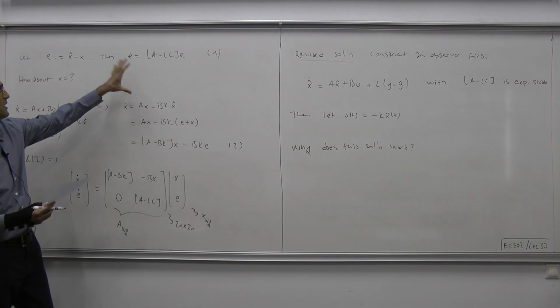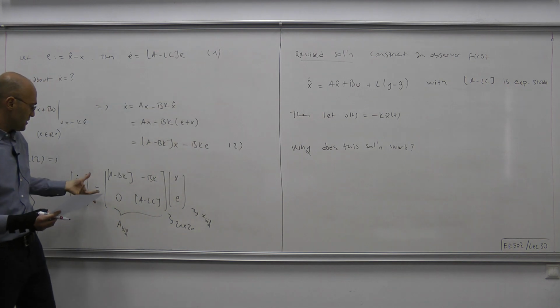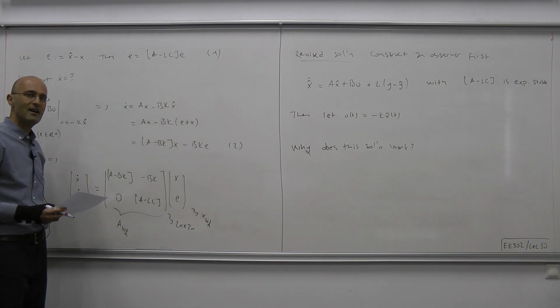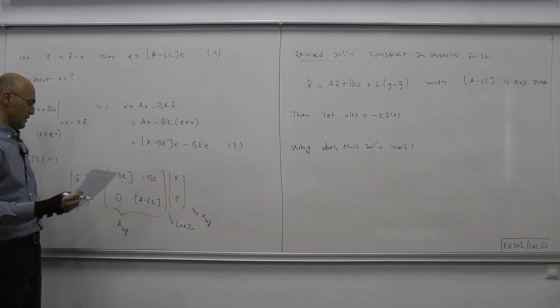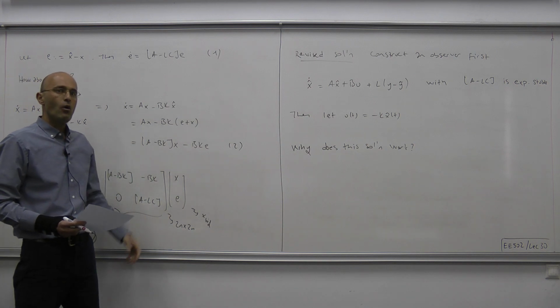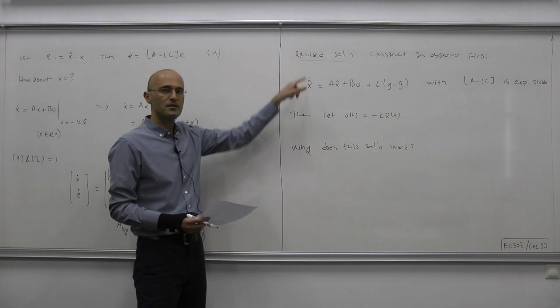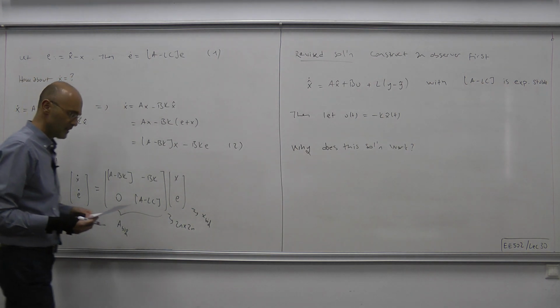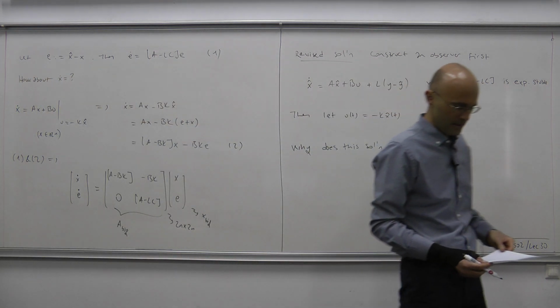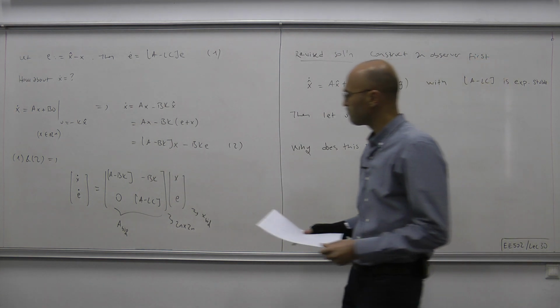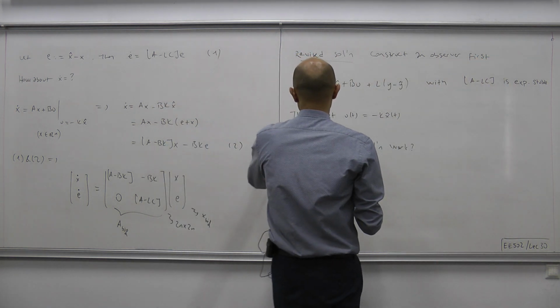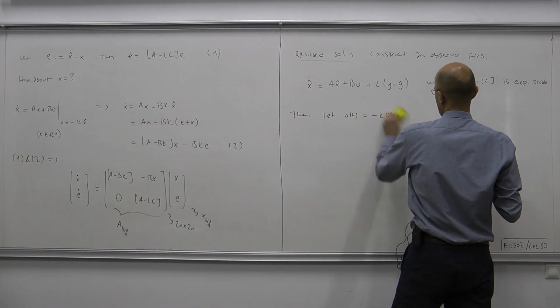And once the coupled dynamics are written in this single LTI system form, it becomes obvious why this solution will work. So let's conclude our analysis by looking at that LTI system.